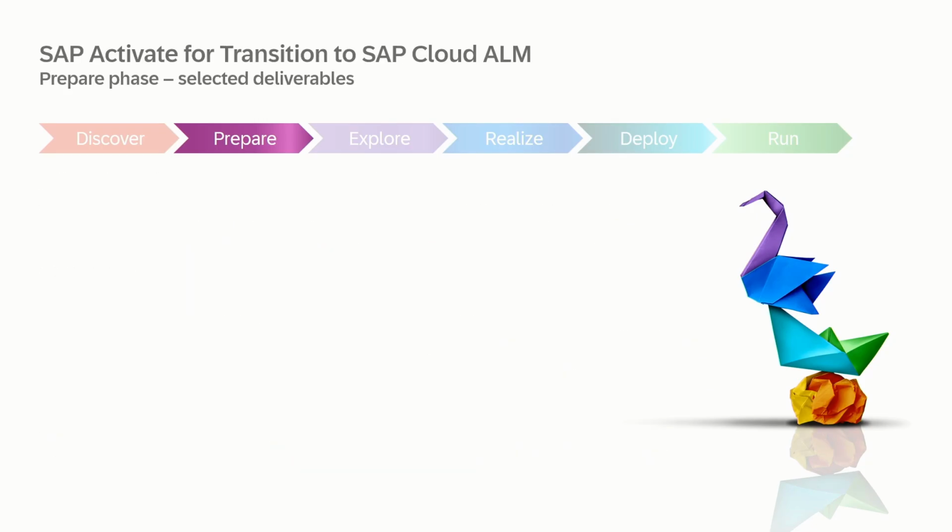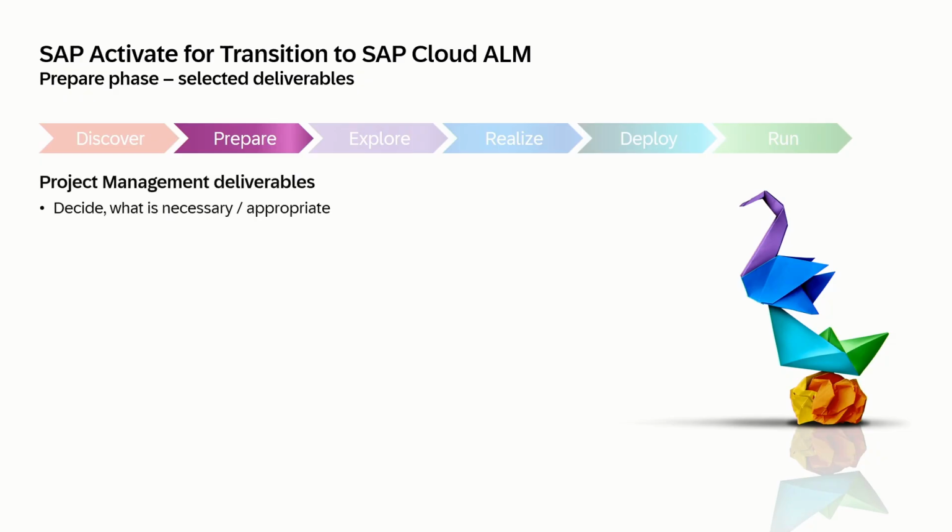But now we come to some selected deliverables in the prepare phase. First of all, there are a lot of project management deliverables inside. Also here, decide what is appropriate for your project. There are small projects with probably less project management overhead, if you will.